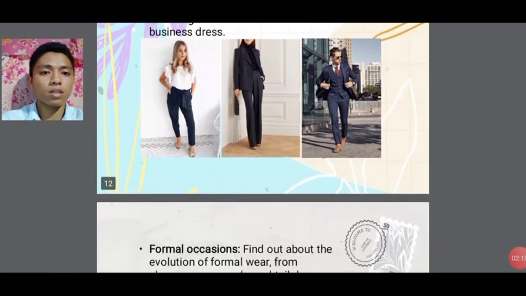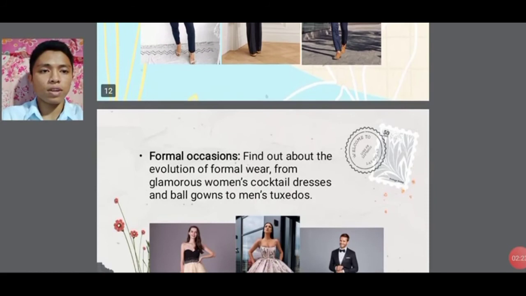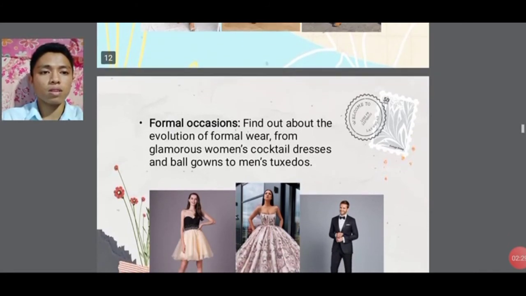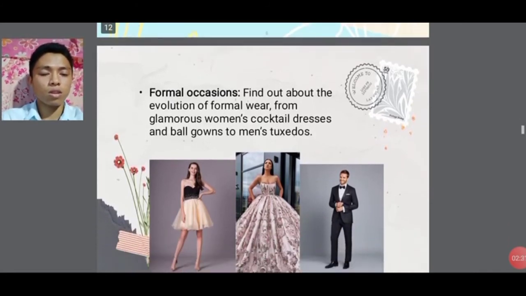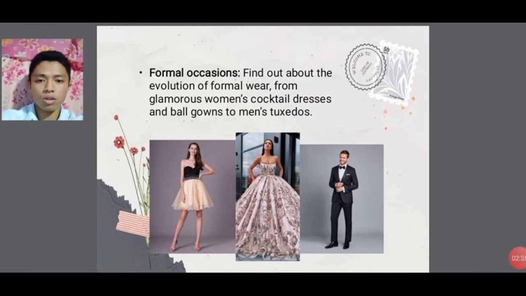So next is formal occasions. So find out about the evolution of formal wear from glamorous women's cocktail dresses and ball gowns to men's tuxedos. So for formal occasions, women, as you can see, wear a floor length gown, or a knee length cocktail dress.